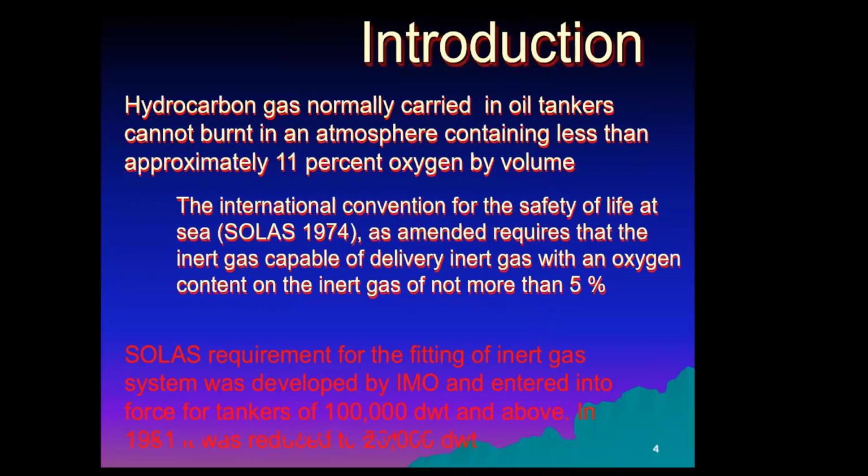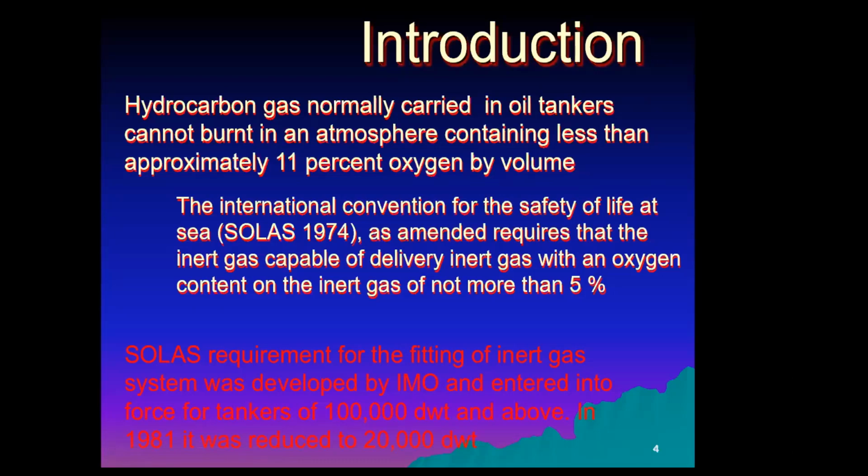So at all times, you have to ensure that the vessel is in an inert condition with oxygen content below 11%. But this has been changed because there was an amendment to the International Convention on Safety of Life at Sea, SOLAS 74, which required that the oxygen content in the inert gas system should be about 5% instead of 11% before. So it's very, very important.